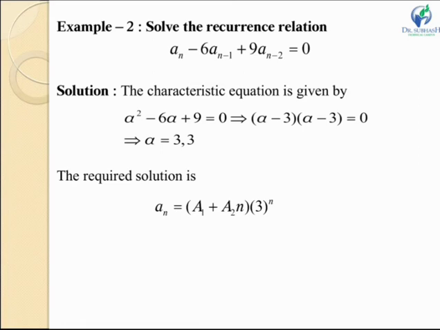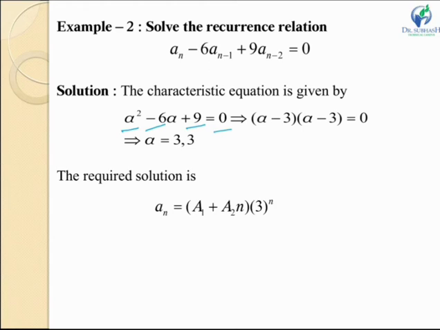Let us take one more example. Solve the recurrence relation a_n minus 6a_{n-1} plus 9a_{n-2} equal to 0. The characteristic equation can be written as alpha square minus 6 alpha plus 9 equal to 0, because the order of this equation is 2.